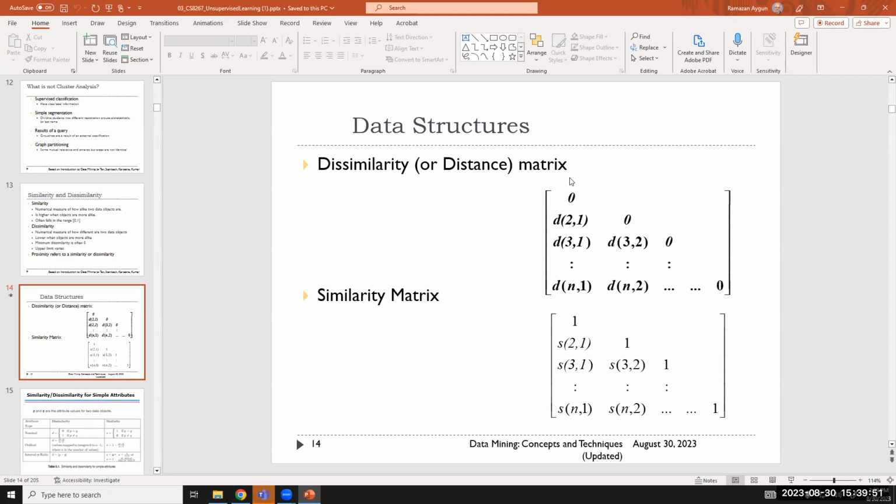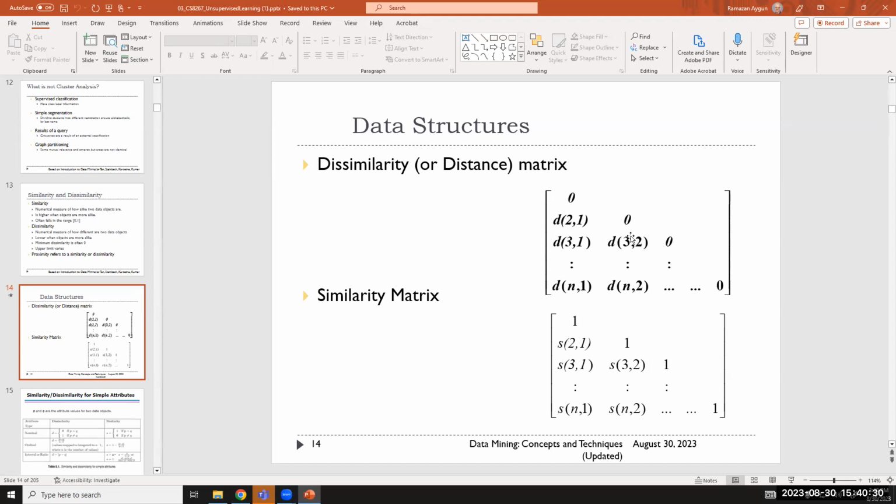In a distance matrix, the diagonal will be 0 because the distance of an object to itself is 0. They are exactly the same. On the other hand, for the similarity matrix, the diagonal will be 1, because similarity is highest when the objects are the same. If the range is 0 to 1, the highest value is 1, so we have 1s in the diagonal. The other entries are the distance between object 2 and object 1, the third object and the first object, the third object and the second object, and so on.